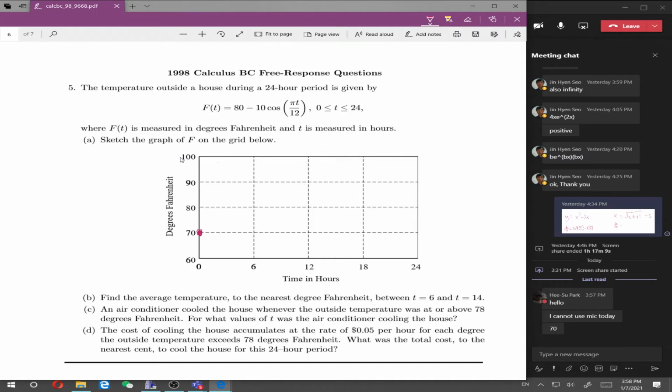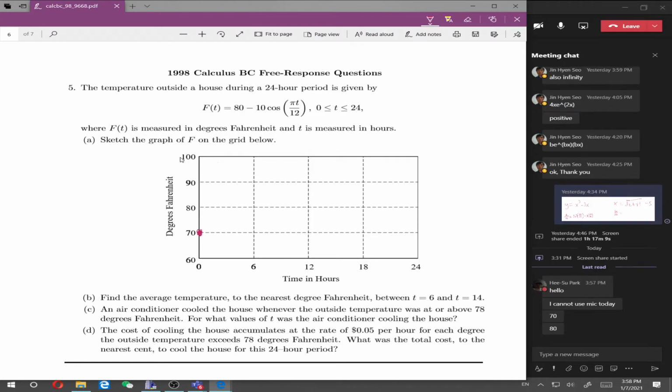What about at 6? 80. Because this is easier to type, I'm going to have you finish this one off, I think. So can you give me 12, 18, and 24 as well?